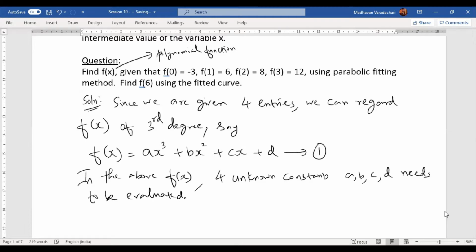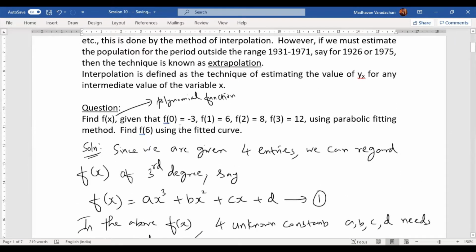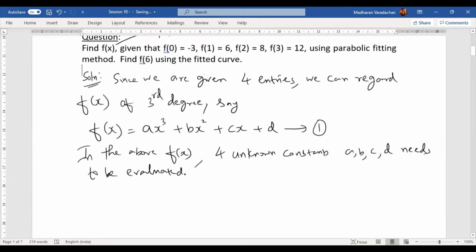This we are supposed to find. So how do we do that? You may notice all these inside the brackets are nothing but x values. Means 0 is an x value, 1 is an x value, 2 is an x value, 3 is an x value.